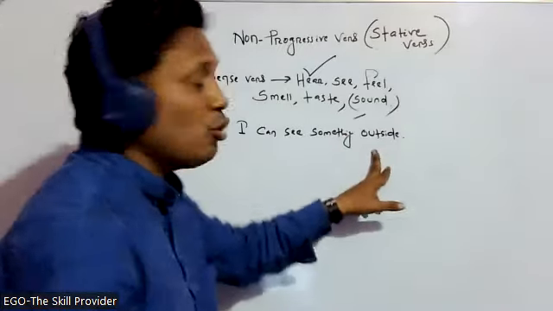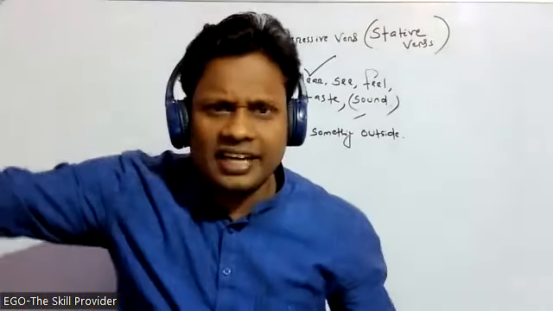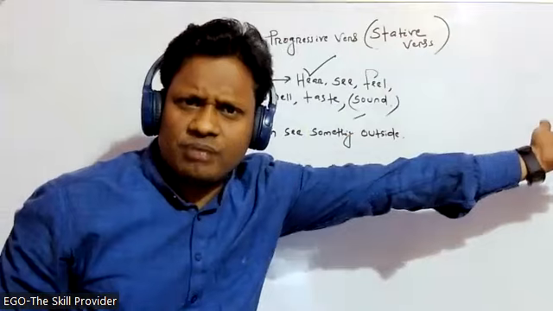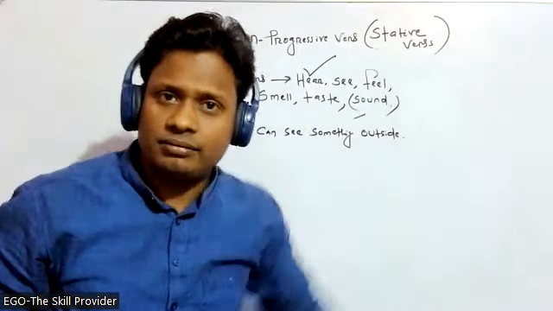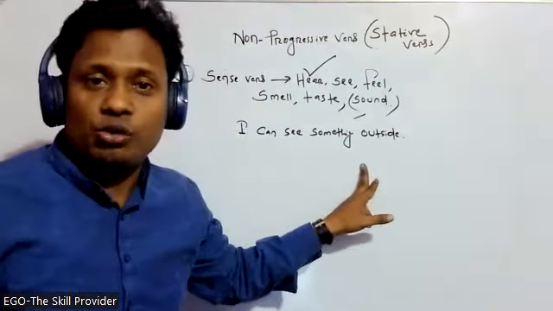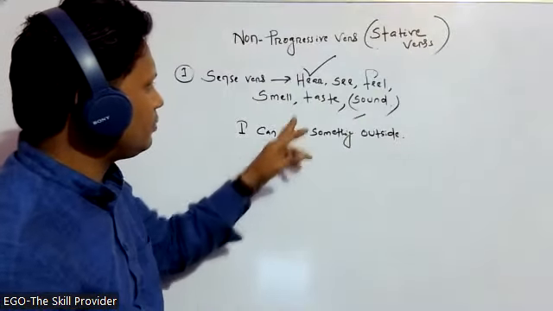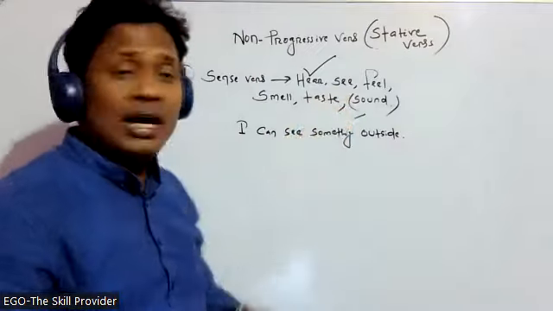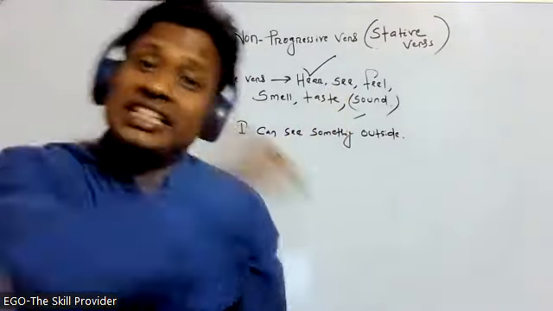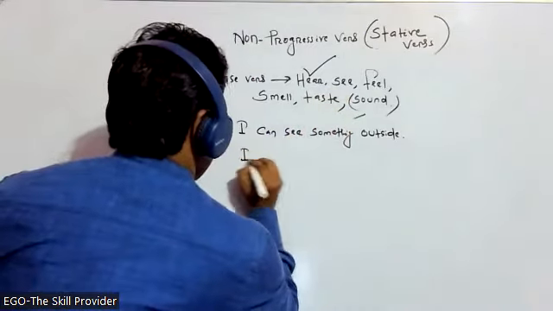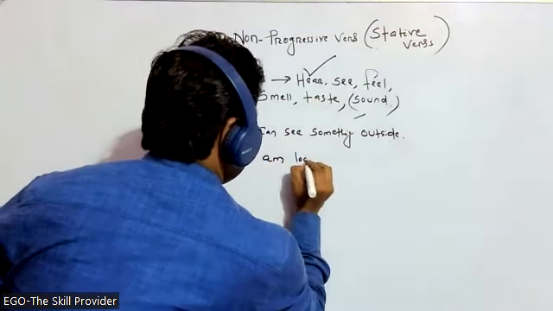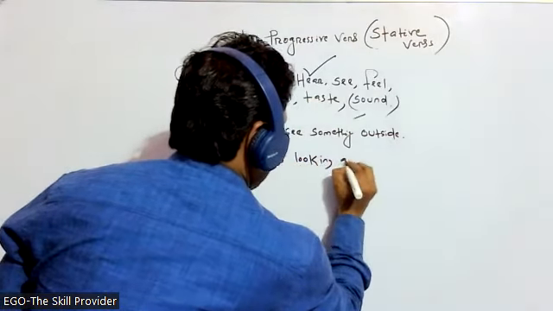I can see something outside. Suppose somebody is passing by. You can say, guys, I can see something outside. Just check it out. Who is there? But right now, if you want to use the progressive equivalent, you can say, I am looking at something.